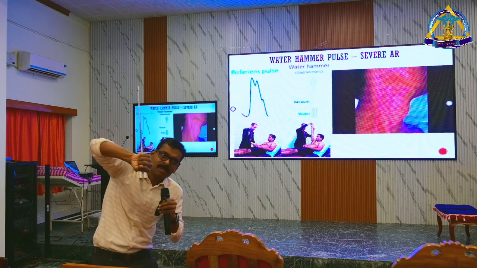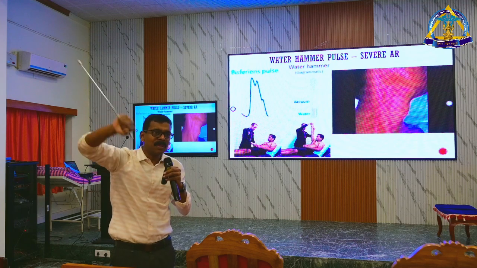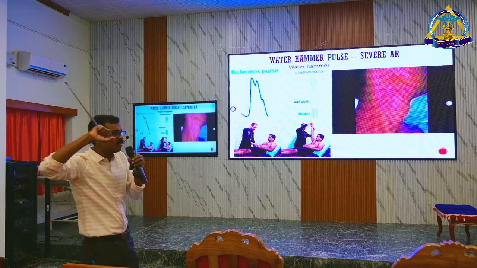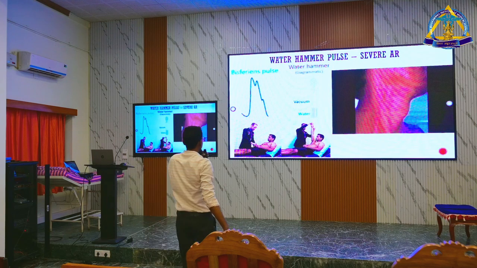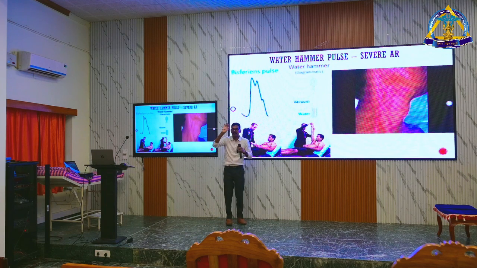So it just flips like this, and this fluid movement produces a collapsing feel. This collapsing feel can be reproduced in severe aortic regurgitation by doing this. Ask the patient to lie down, feel the pulse with the heel of the palm, suddenly raise the arm, and then you will get the collapse.